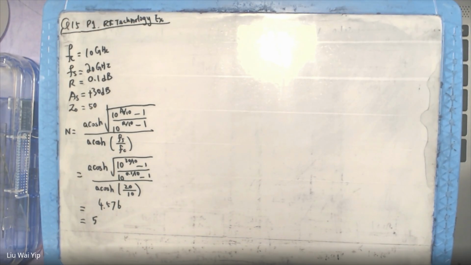The next thing that you need is to use the prototype table to find out the gain in each stage.